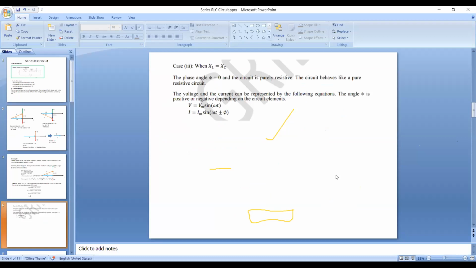If you look at the voltage and current equations, by default we assume that V is equal to Vm sine omega t, and the current equation can be written as Im into sine of omega t plus or minus phi. Plus phi is for RL mode and minus phi is for RC mode.